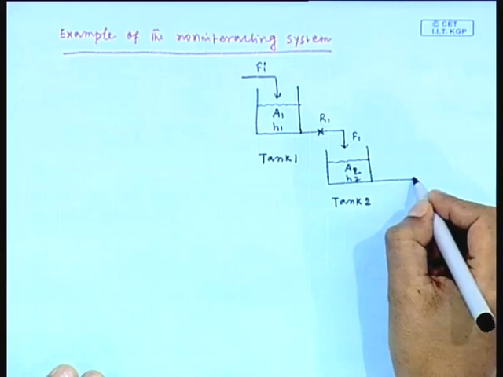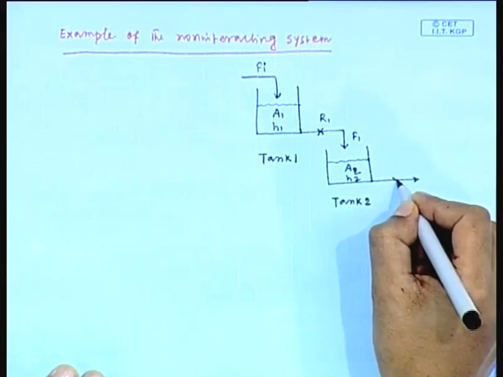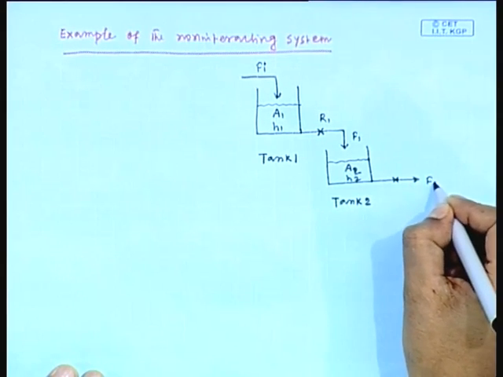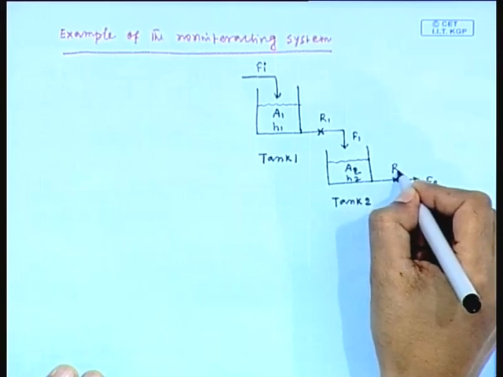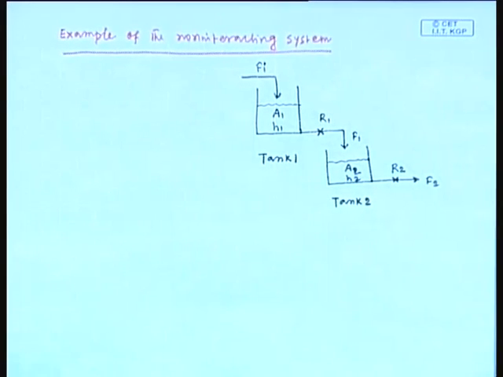Output stream from tank 2 is F2 and suppose this resistance is R2. This is the example of a non-interacting system.